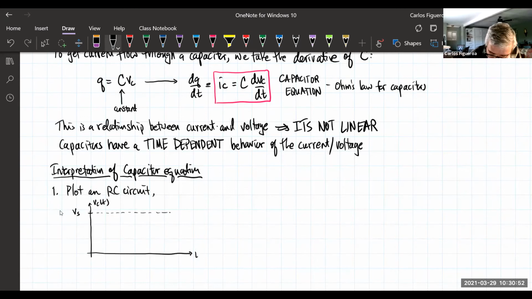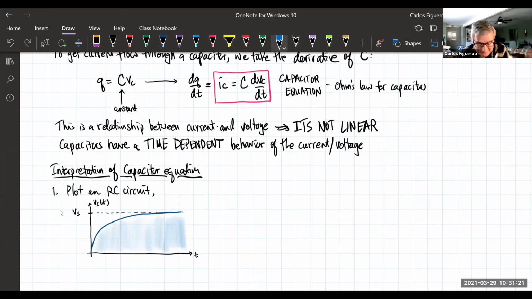And what does my curve actually look like? Well, assuming that I start with an uncharged capacitor at t equal to 0, it actually looks something like this. And so this curve is this blue shaded area that I'm showing you here.